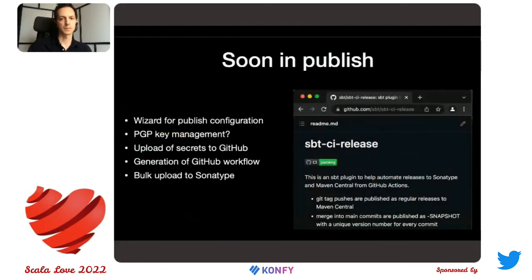So right, so yeah, and we have many more ideas for the publish command, like we'd like to have some kind of wizard to allow you to just specify all the configuration you need to publish. We'd like to help you maybe manage GPG keys if ever you don't want to. We'd like to help with uploading secrets to GitHub and maybe even generate a GitHub workflow for you. So in a word, we'd like to automate as much as possible the steps that sbt-ci-release describes.